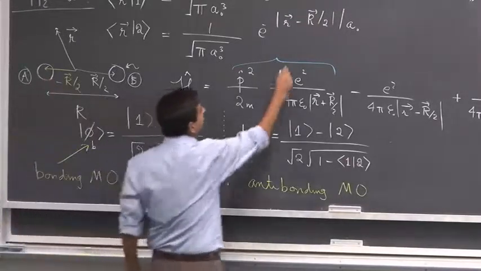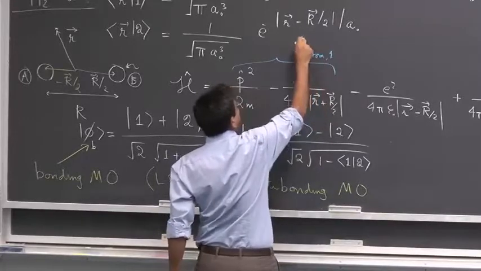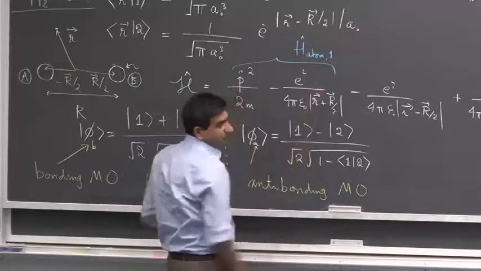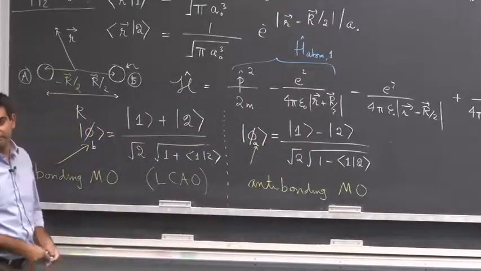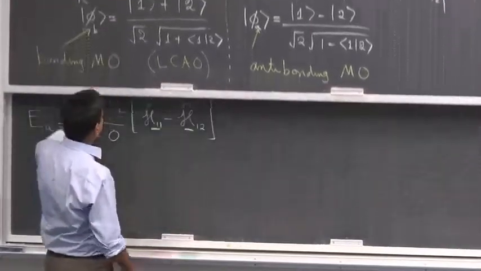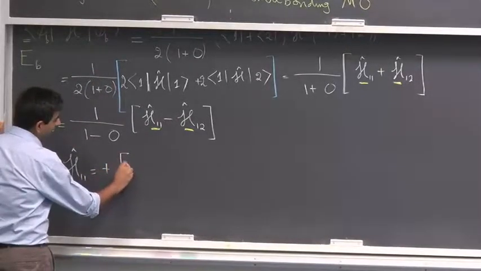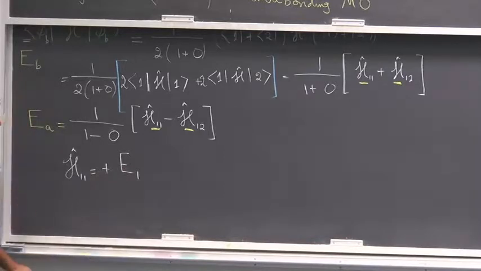So this is just H atom 1 when the electron is with nucleus 1. If I sandwich this between ket 1, I will just get the energy of the ground state of the hydrogen atom, which is minus 13.6 electron volts. So this will give me E1, a negative number, minus 13.6 electron volts.